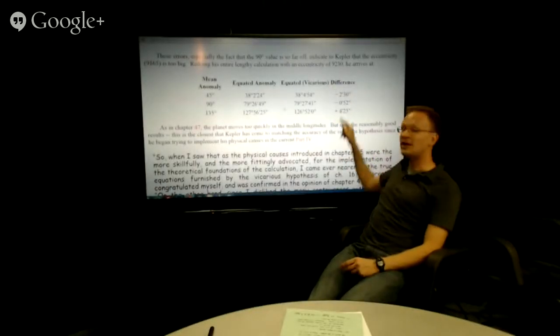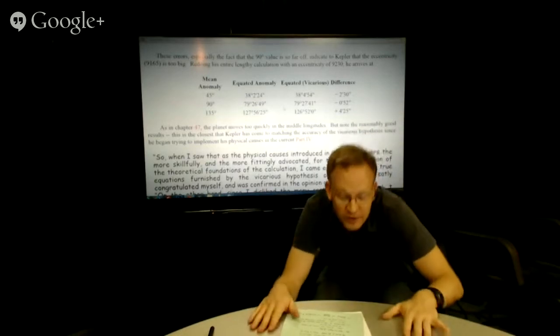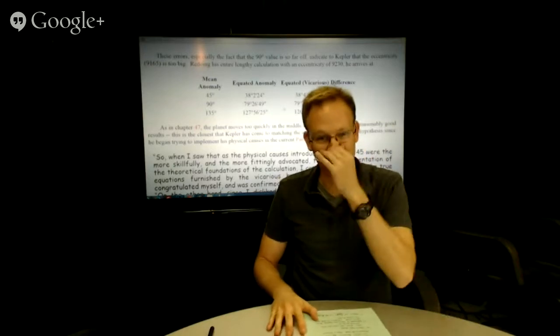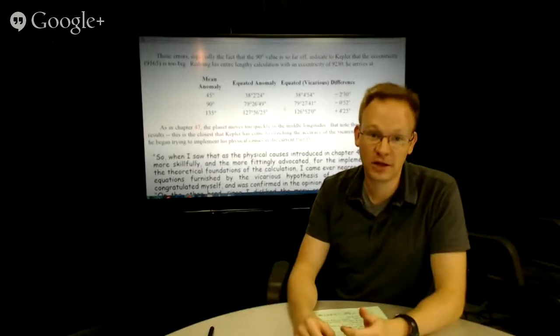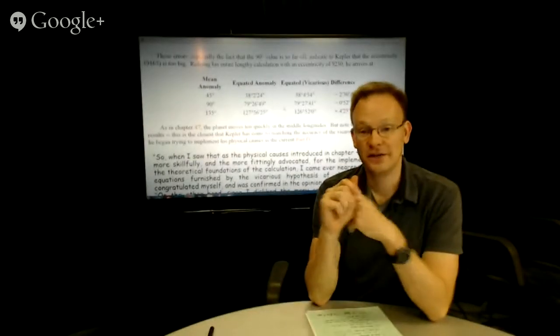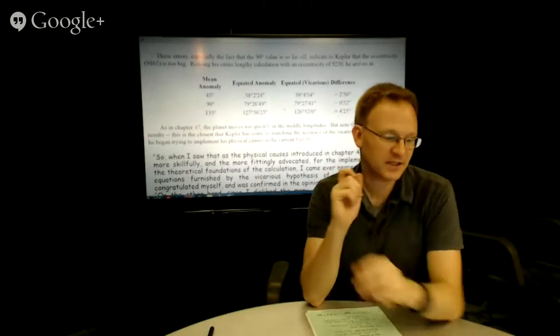At 135, it's ahead. So once again, it's going too fast in the middle longitudes. This is suggesting that if it keeps going too fast at the middle longitudes, maybe his first hypothesis isn't right, and second, he's bringing it too far in, and he shouldn't bring it in so much. But he doesn't give up yet.